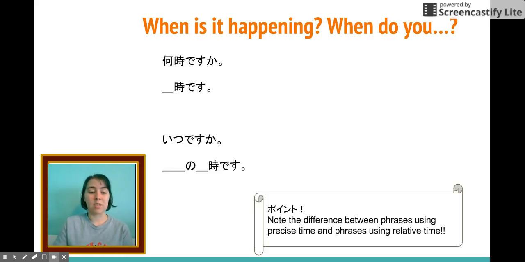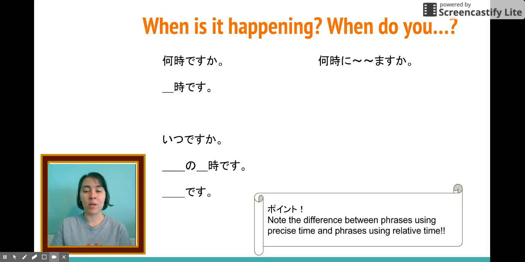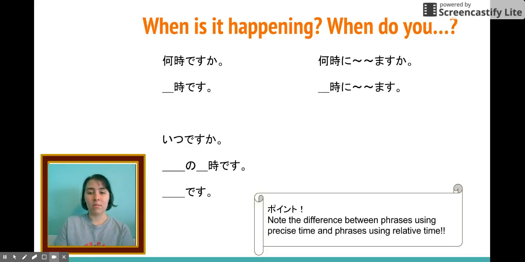It's not specifically asking what time it is, it's asking when is it? いつですか? 何時に blank ますか? When do you do X verb? 時にします. 何時に起きますか? 午前6時半に起きます. For example.